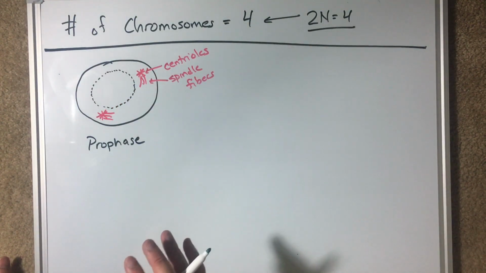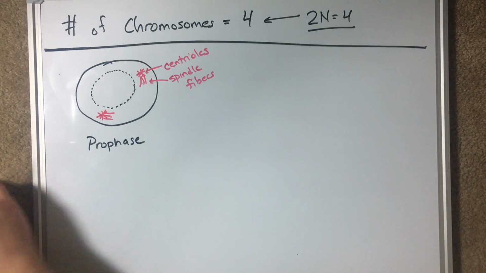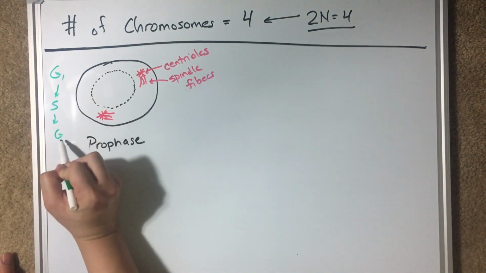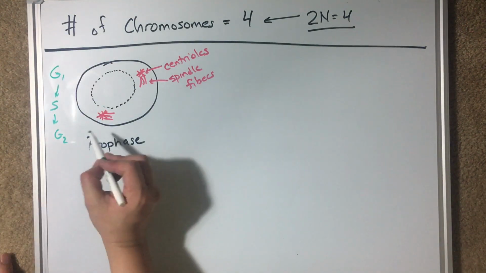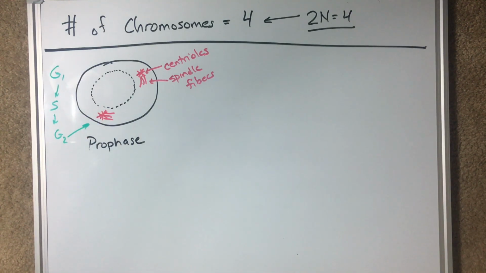Now, just to let you know, before prophase we did have something known as G1, S, and G2. We're not worried about that component of the cell cycle. I'm just going to jump straight into prophase. So you might need to do a little review on how the chromosomes look in G1, S, and G2 from your instructor's notes, your textbook, etc.